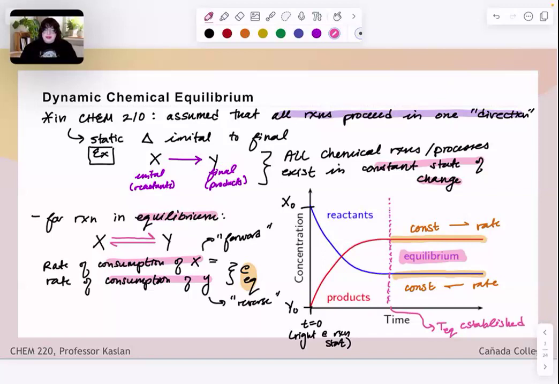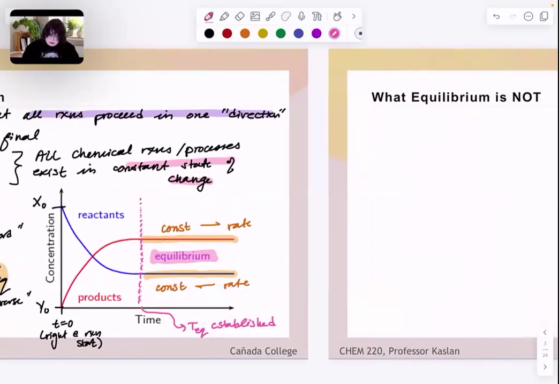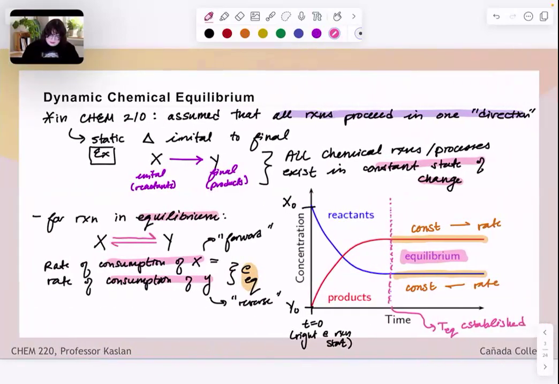So let's look at an example of a little model of what's happening in chemical equilibrium. Let's see here. That's not the slide I want. So we are going to consider a modeled reaction.